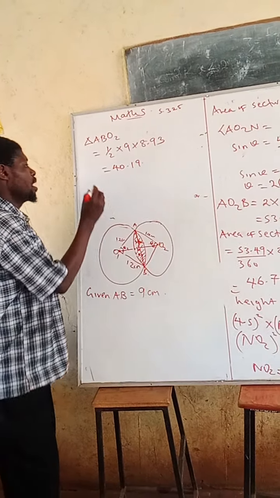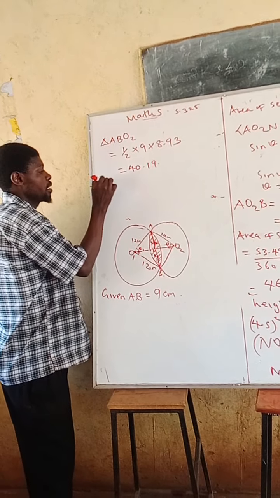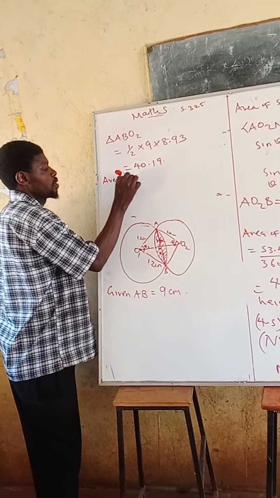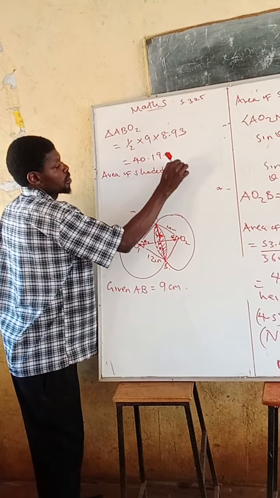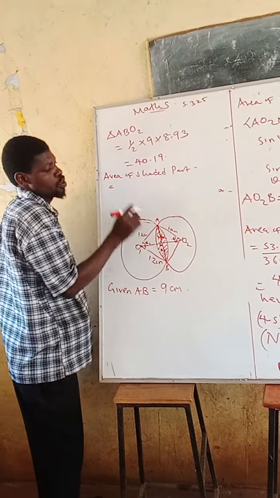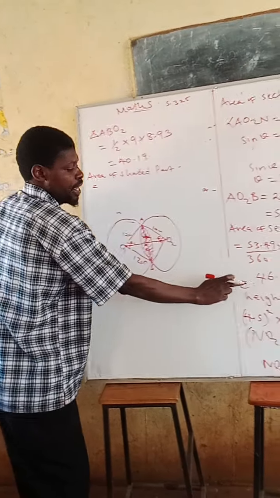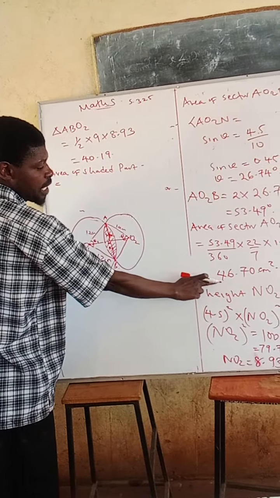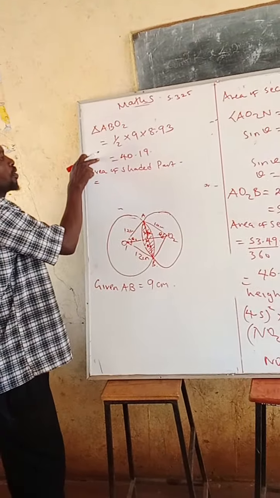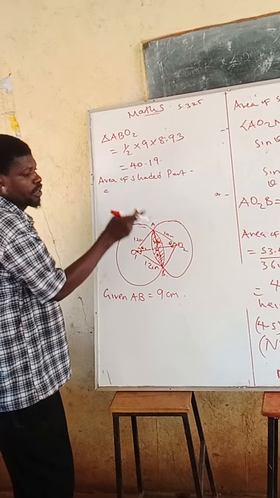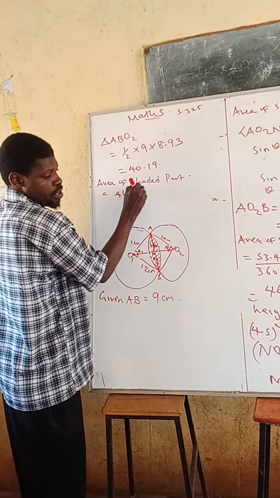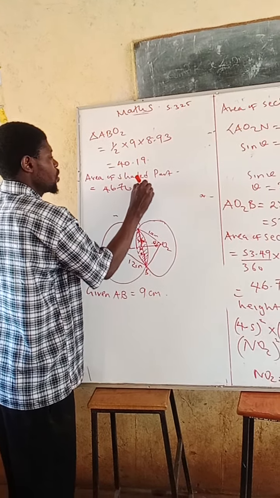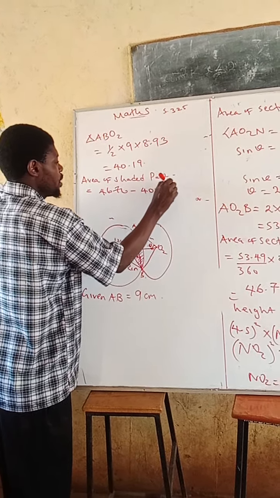We have to get the difference to get the area of this remaining shaded part. So the area of the shaded part remaining will be equal to the area of the sector minus the area of the triangle. It becomes 46.70 minus 40.19.